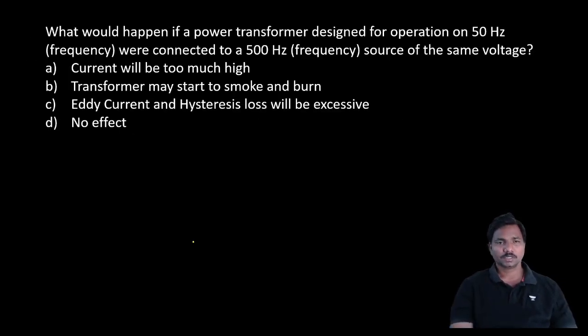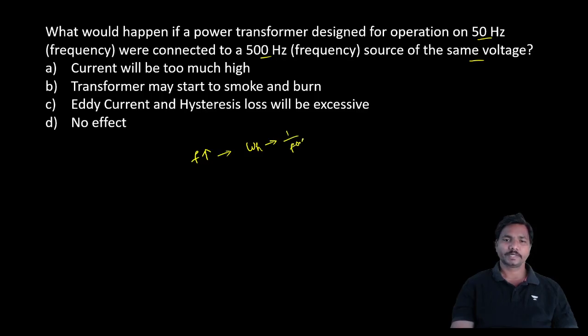Coming to the next question. What would happen if a power transformer designed for operation at 50 Hz were connected to 500 Hz of the same voltage? Whenever the frequency increases, what will happen? About the hysteresis losses, just now we discussed, they are inversely proportional to F^0.6. Frequency increases means hysteresis losses will decrease.